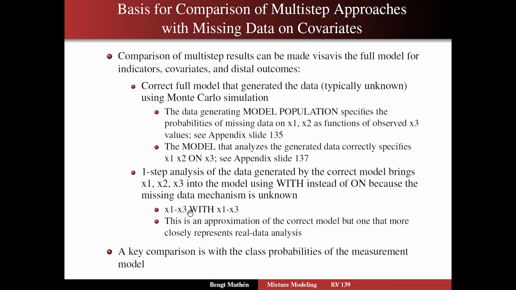So we say x1, x3 with x1, x3 as we talked about earlier, and that's an approximation of the correct model, but one that more closely represents real data analysis. But a key comparison is with the class probabilities of the measurement model. Nevertheless, we're going to take a look at several model parameter estimates.